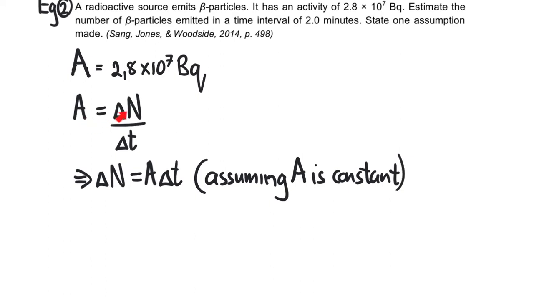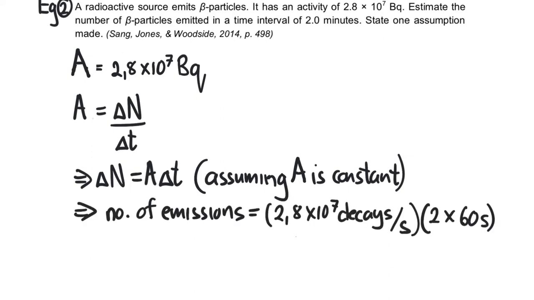In other words, A equals dN by dt, where dt would be the infinitesimal time interval. But we are not working with calculus at this stage. So this is an assumption, and we can see here 2 minutes is quite a significant time. So delta N equals A delta t, with delta t being 2 minutes, is probably inaccurate.